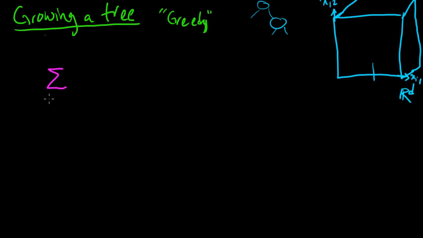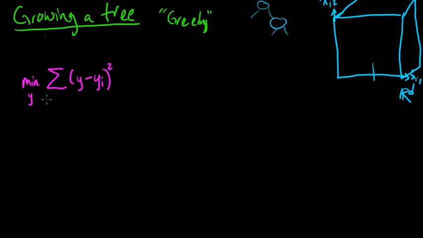We have the min over all y of the sum of (y minus y_i) squared.